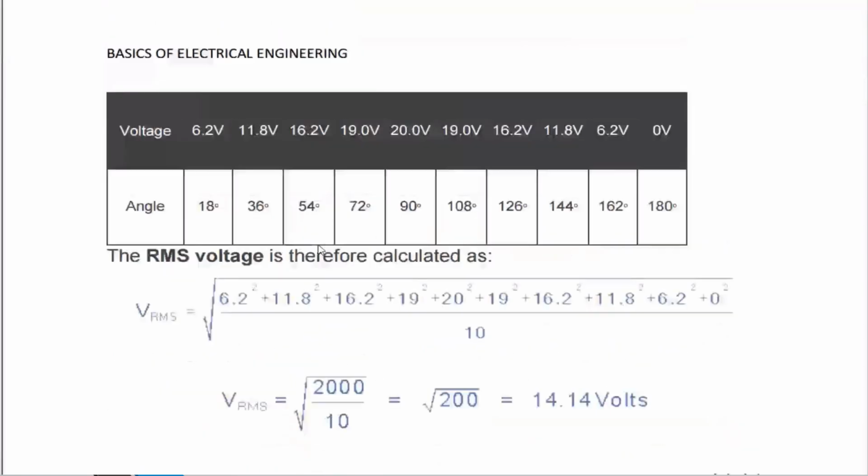Now here the values at different angles, basically time is also read as angle. So at 18 degree, 36 degree, 54 degree, 72 degree, 90 degree, 108 degree, 126 degree, 144 degree, 162 and 180 degree, these values have been taken, and the voltage values have been given here, and they have been squared and summed up and divided by 10, because 10 divisions have been taken.